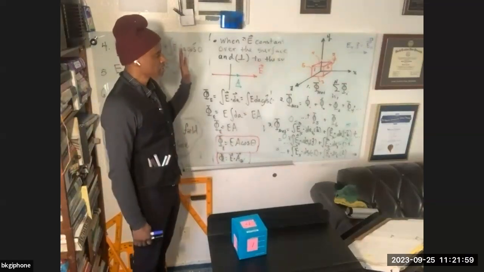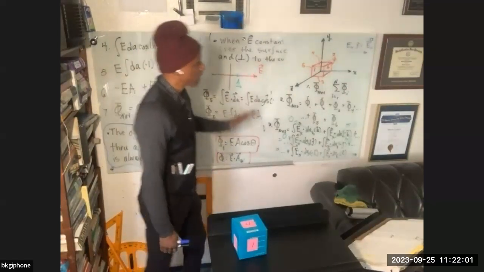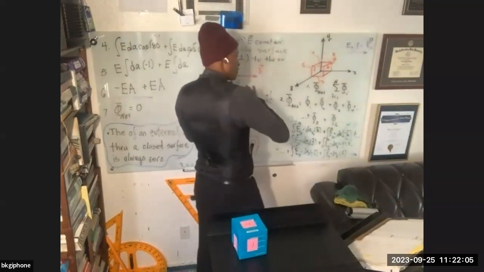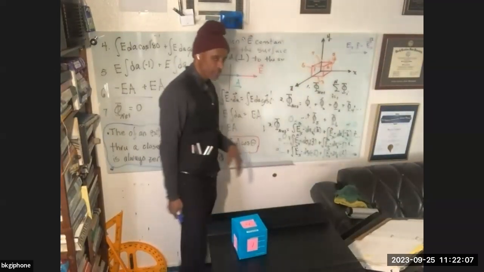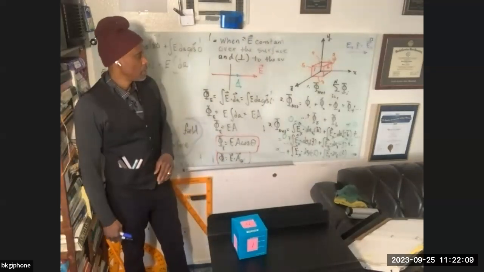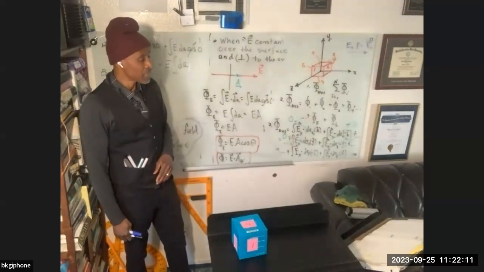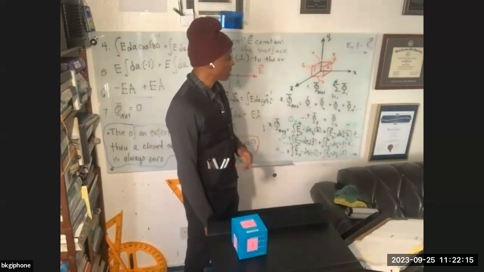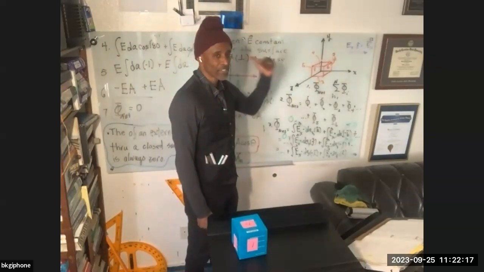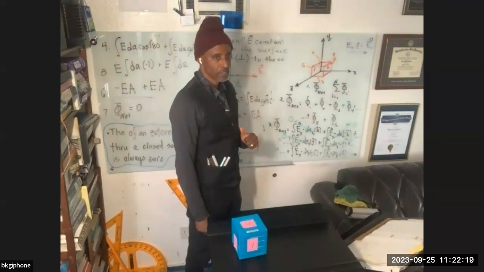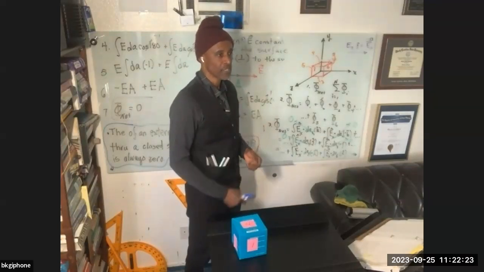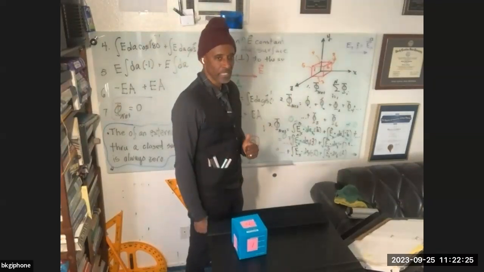So maybe it was a capacitor plate that we set up. Maybe we've got this box immersed in huge capacitor plates that are charged and flat, so they're creating a constant electric field. But the point is that the source of those field lines are not in the box. They're outside of the box. So that's what I mean by external field. The source of the field is outside of the box.